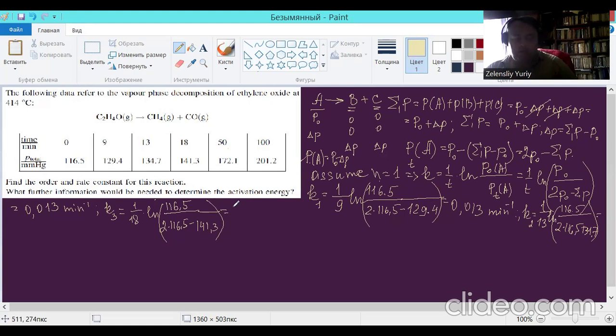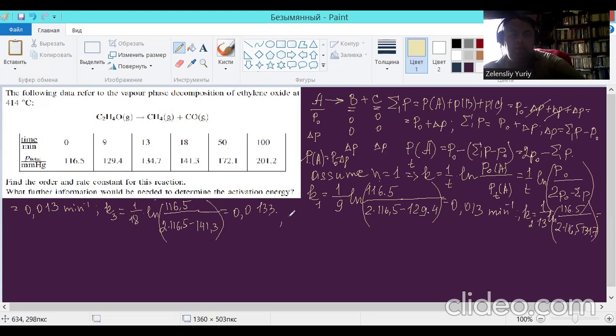Minus 141.3, and now we divide by 18. It's 0.0133. Again, it's similar. It's close to the previously found two values.